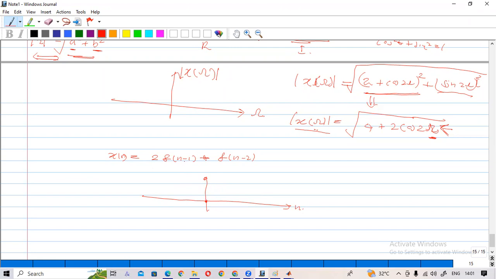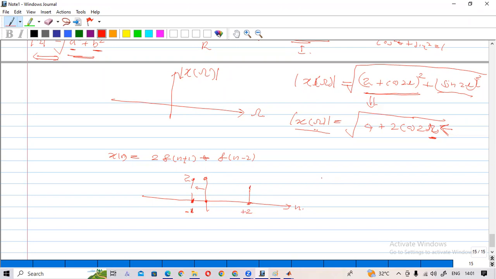So this is n minus 1. N minus 1 means it is shifting in this direction, so this will be at minus 1, and the value will be 2 here. And this is n minus 2, so it will be at plus 2, and the value will be 1.